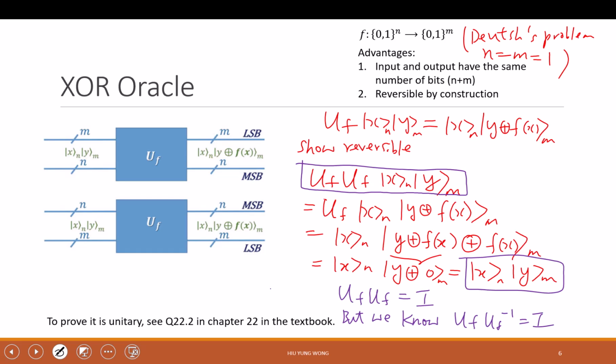But I showed you that I do have UF times UF equal to I. Then it means UF is its own inverse. So the inverse of UF exists and equals UF.